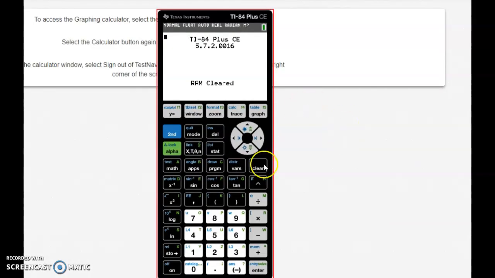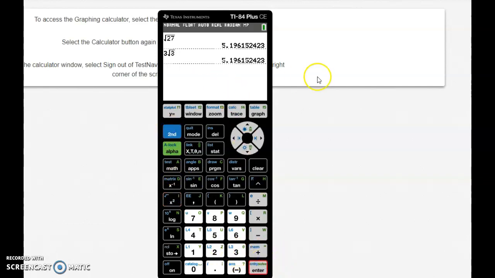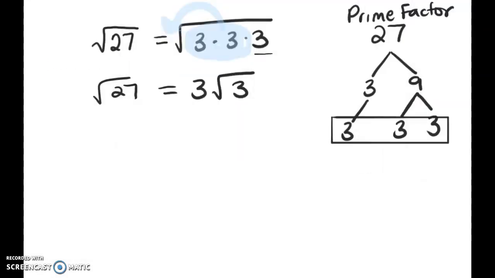On my calculator, the square root of 27 looks like this. And 3 times the square root of 3 should give me the same decimal approximation. And it does. So that's one way to check. When you're asked to simplify the square root, this would be the simplest form.